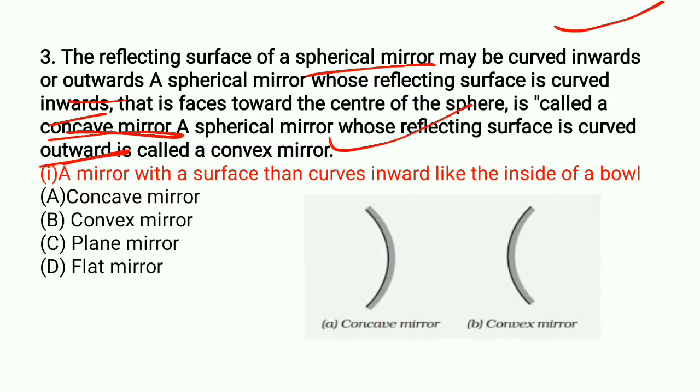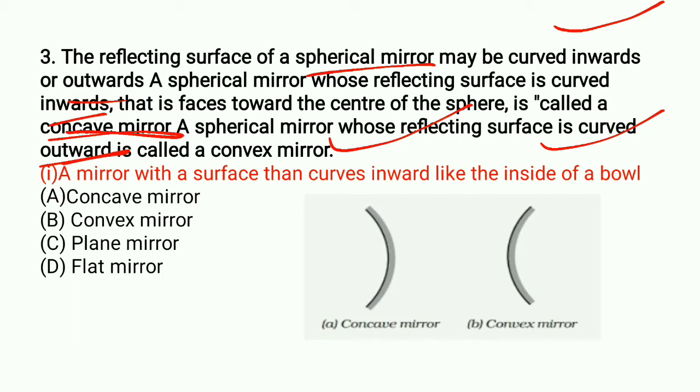So here is the statement or the data regarding the question. By using this one paragraph, we have to solve a number of questions. The first question is, a mirror with a surface that curves inwards, like the inside of a bowl.